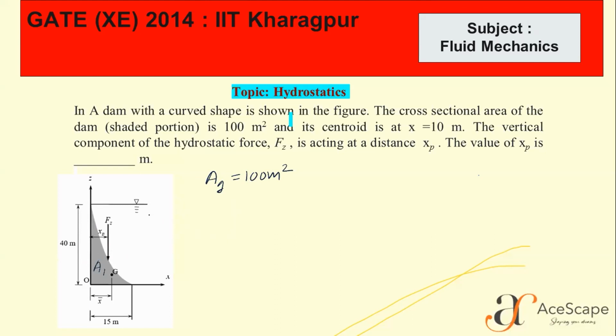Now you can see, if I draw a straight line from here and a straight line from here, I can see a rectangle, right? This is given as 40, this is given as 15. So what will be the area?